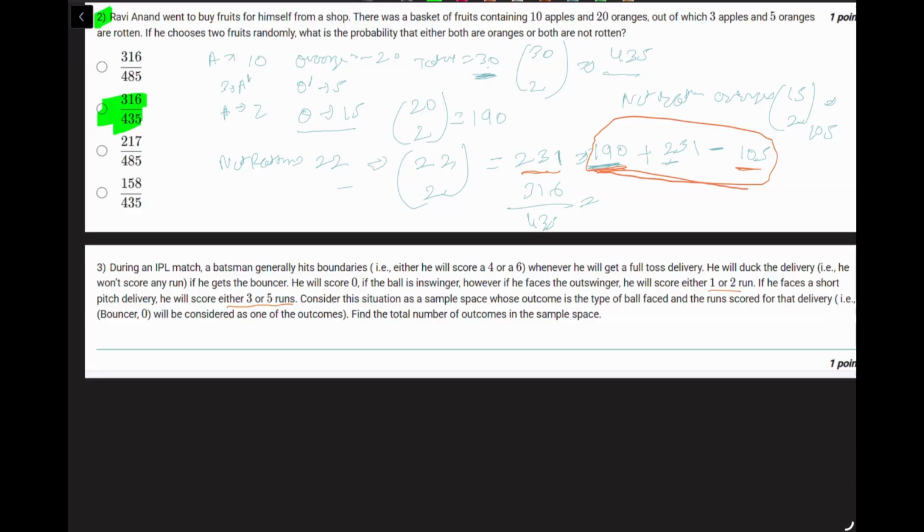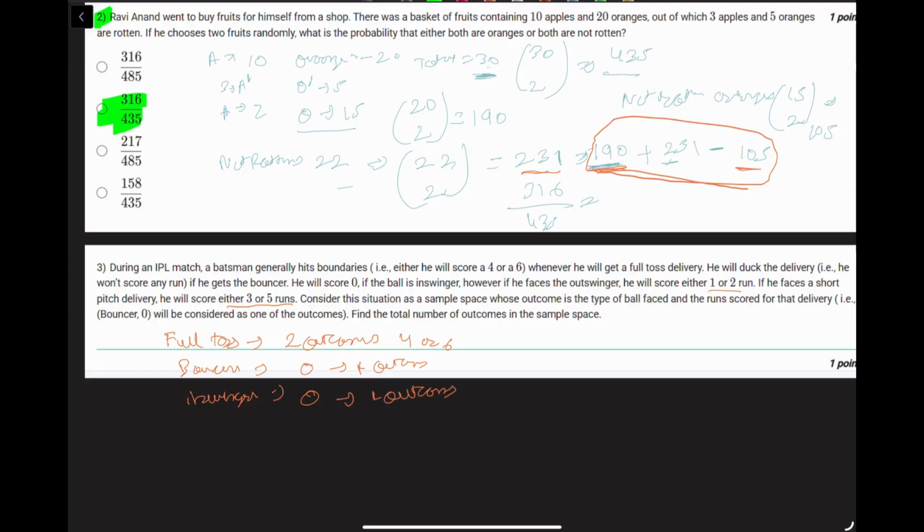Okay, so when there's a full toss, which means just a direct ball is thrown at a player, the player has two outcomes. And what are those? He either scores 4 or 6. But if there's a bouncer, the ball goes very high up, he scores 0. There's one outcome. If there's an inswinger, I don't know what that is, but turns out he's not going to score any, 0, and it's again one outcome.